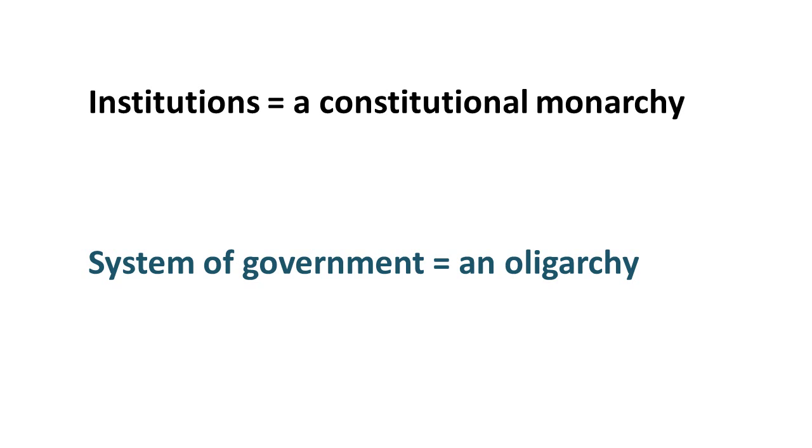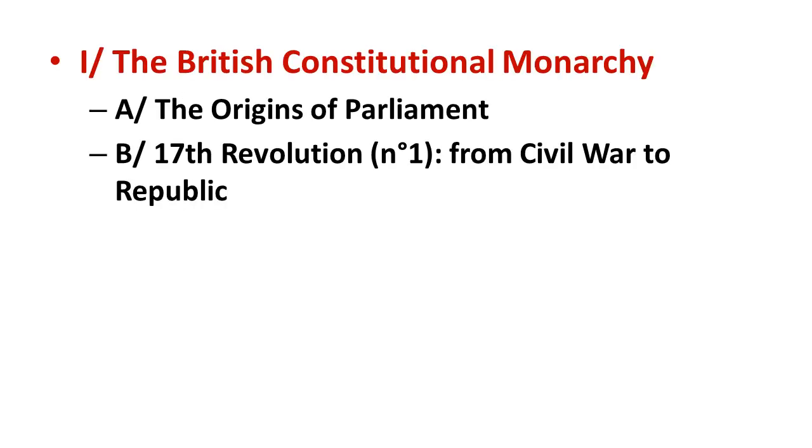Because the British Parliament, I repeat that, only represented rich people and mostly property owners, so people that we would call the English gentry, and the gentry represented only 3% of the population. And despite this, during the 17th century, Britain knew two revolutions.